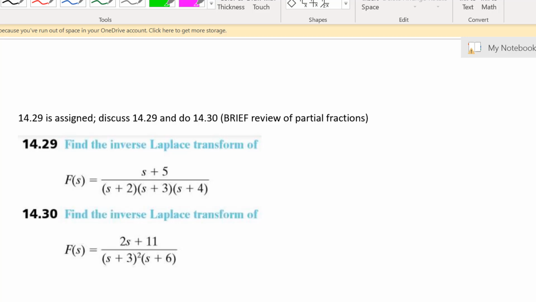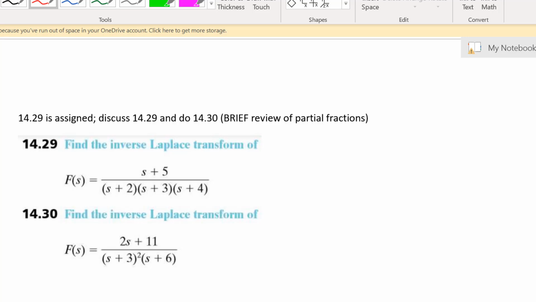So 29, you see 3 factors. So you're going to have an a over the first plus b over the second plus c over the third. 1430, you see, oh, there's an s plus 3 and an s plus 6, but the s plus 3 is squared. So really, you also have 3 factors in that denominator. So there are going to be 3 factors in your partial fraction decomposition.